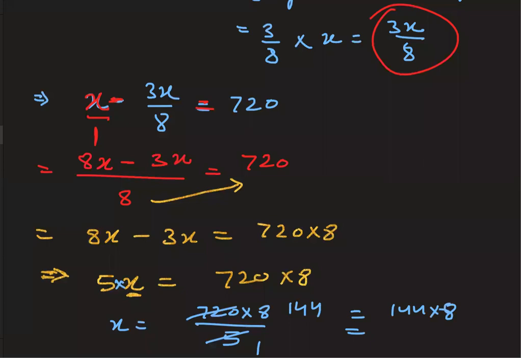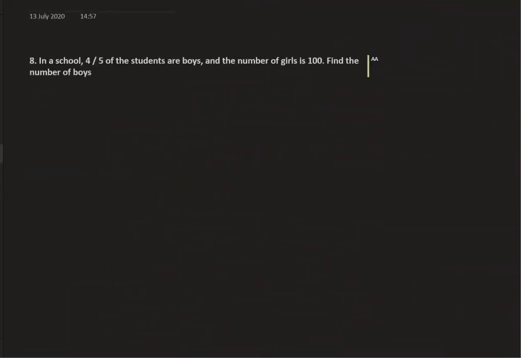So the answer is 1152 rupees. This is the money that he has initially. सबसे पहले यानी स्टार्टिंग में उसके पास इतनी रुपीस 1152 rupees थे. Is it clear, students?